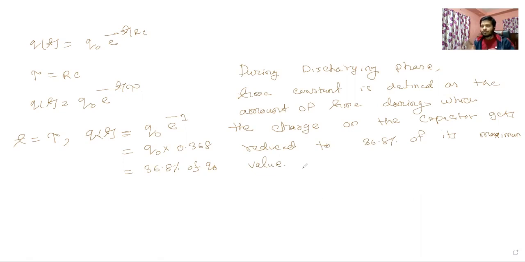Of course, surely I will give you a question from this topic in the exam. I might ask you to define tau during the discharging phase or the charging phase of the capacitor in terms of charge, in terms of current, in terms of voltage.